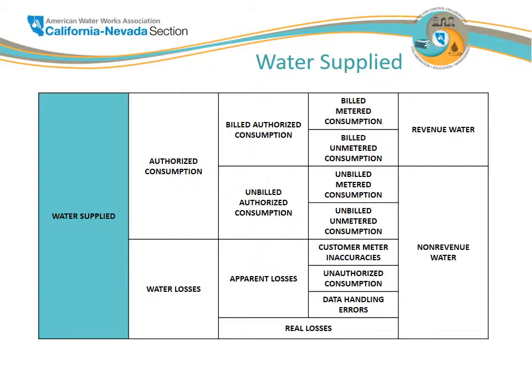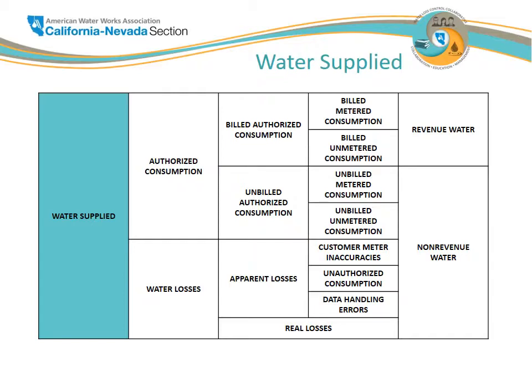So as you can see here in our water balance graphic, our concept of the water balance, water supplied serves as our foundation, as our 100%. Once we determine water supplied, or the volume that enters our distribution system that is meant to serve our customers, we then go about allocating that volume to specific authorized consumption uses.